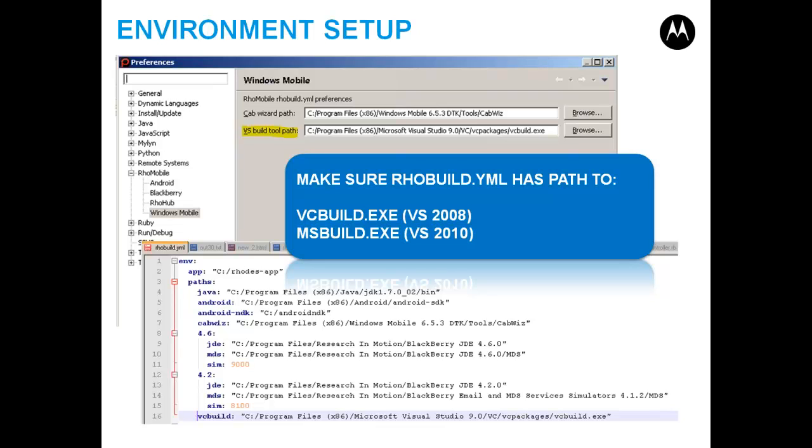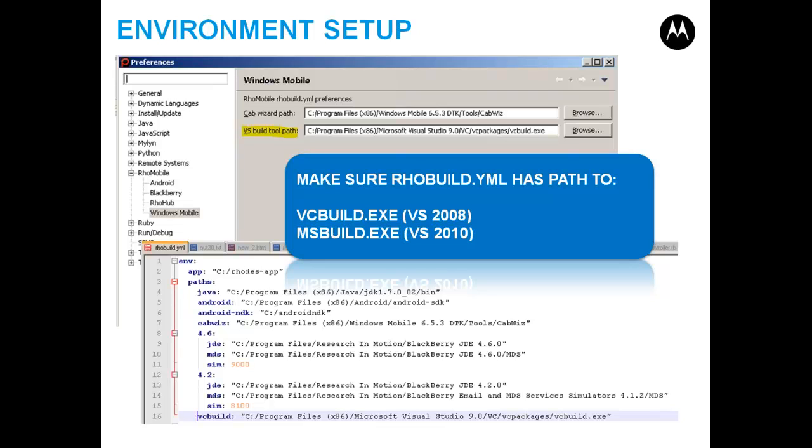Okay, so once you have your Qt environment variable set up, we need to make sure that the Visual Studio build.exe is in your preferences. So if you've already been building for Windows Mobile, chances are you've already set this up in RhoStudio preferences, and you already have that in there. But just double check, make sure you have it pointing to the proper version of VC build.